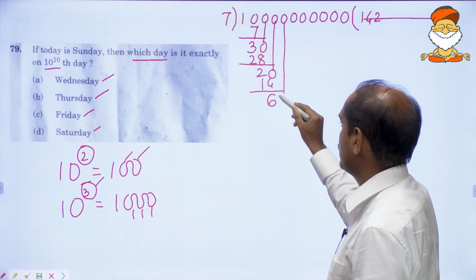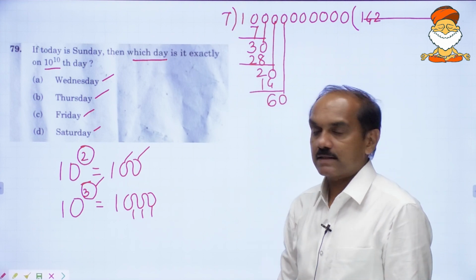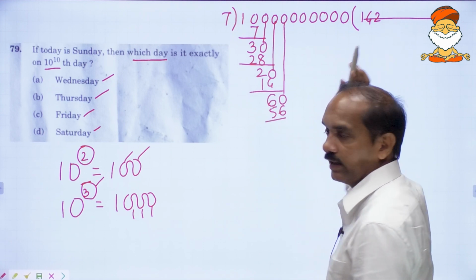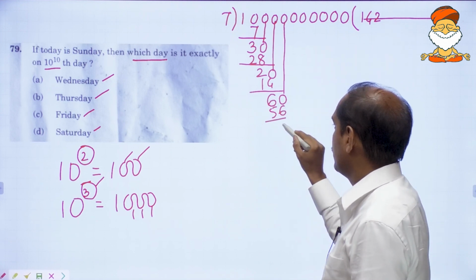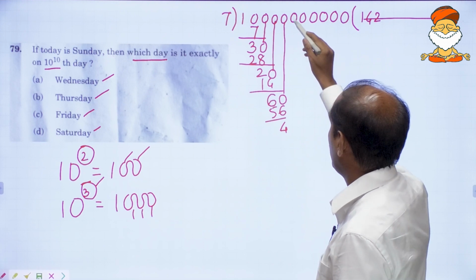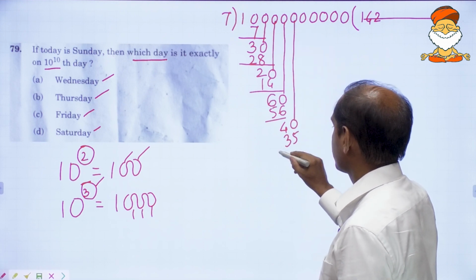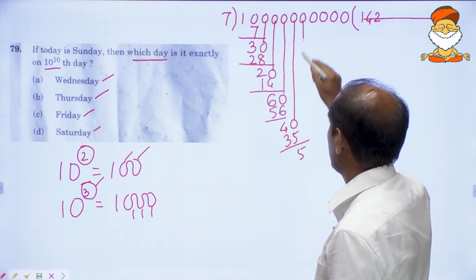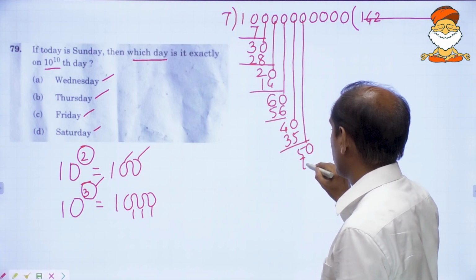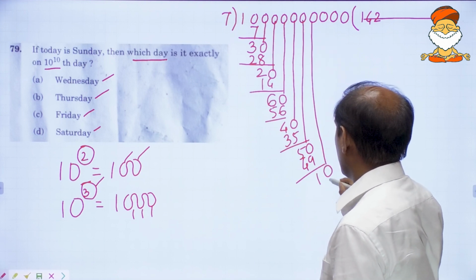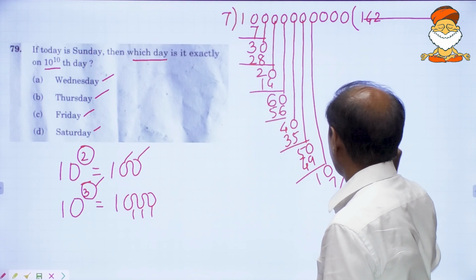Now I am taking this 0. It became 60. 7 8s are 56. 4 is the remainder. Now I will be taking this 0. 7 5s are 35. 5 is the remainder. Now I will take this 0. 7 7s are 49. 1 is the remainder. 7 1s are 7. 3 is the remainder.